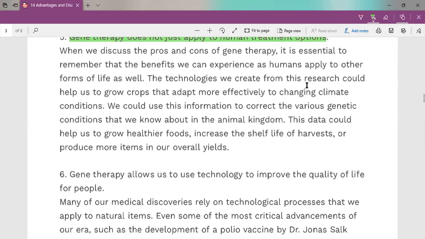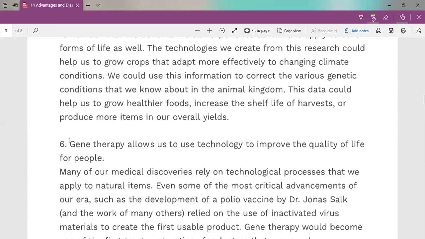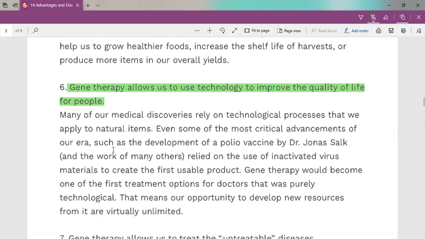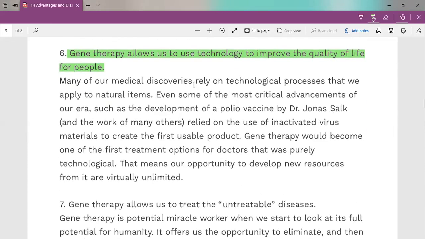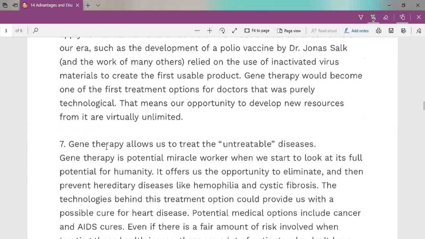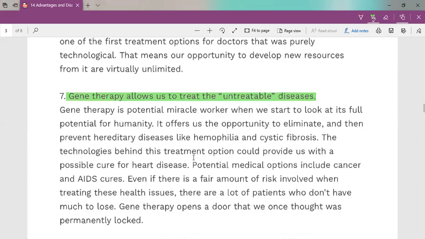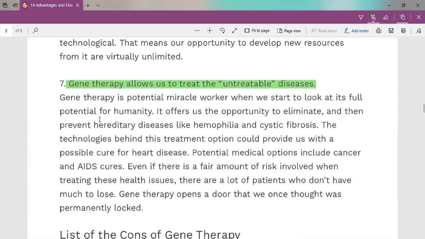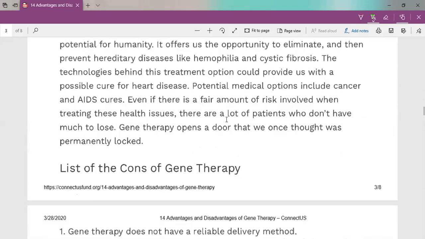So the technologies we create from this research could help us to grow crops that adapt more effectively to changing climate conditions, etc. And then this is just a repeat of before, that it helps to improve the quality of life for some people. It helps to treat the untreatable diseases, etc., right? So 7 pros of why gene therapy is good.